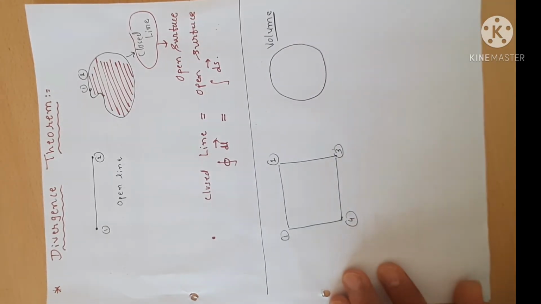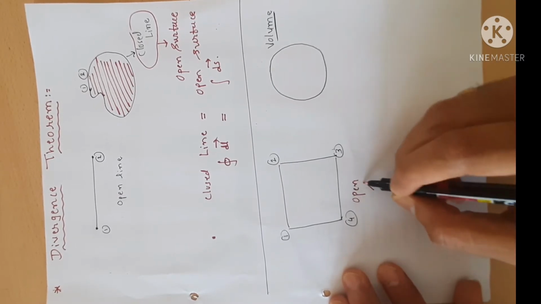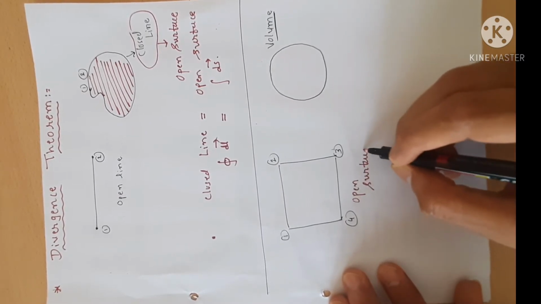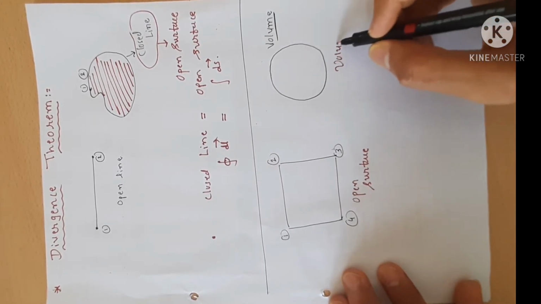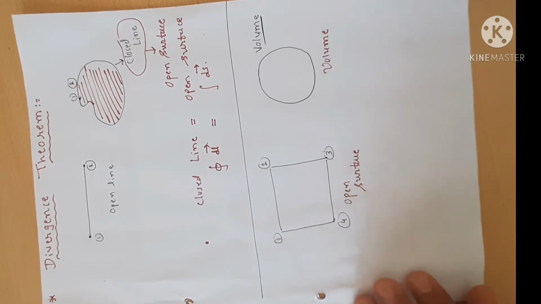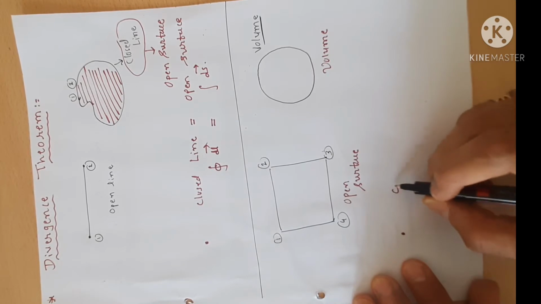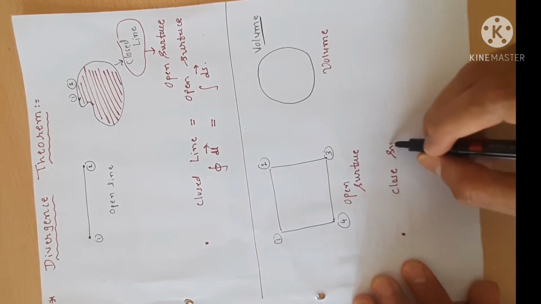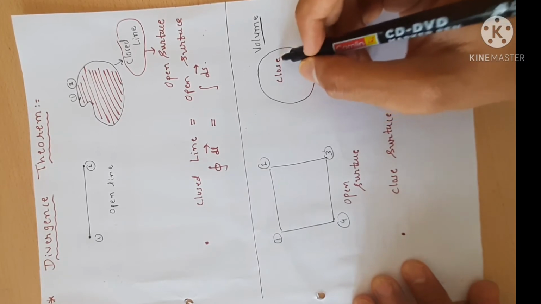So in the initial case this is an open surface. But if I join all the corners, it makes a volume, and a volume is always closed, so there is no need to mention the word closed. So we can point out the second point: this is a closed surface.